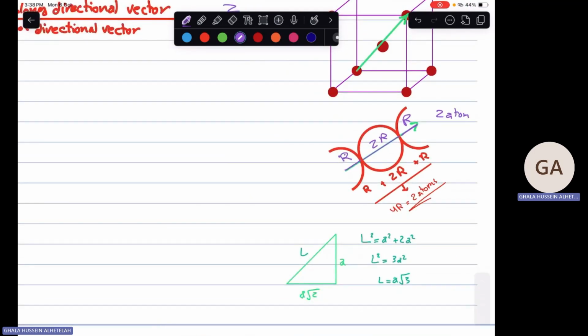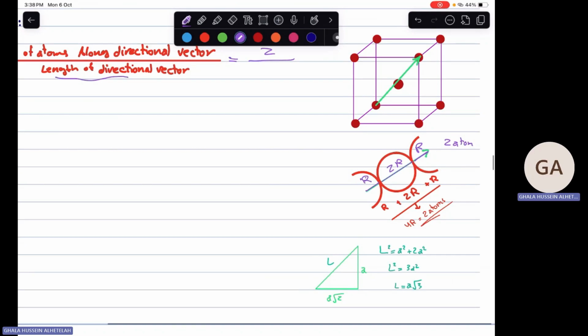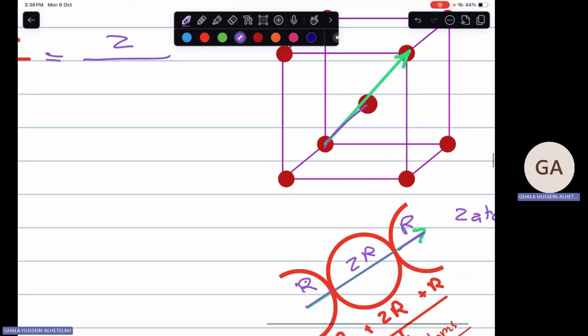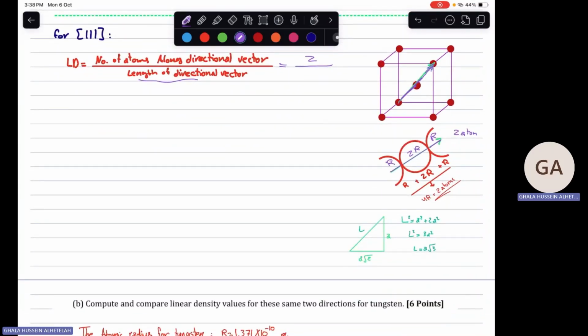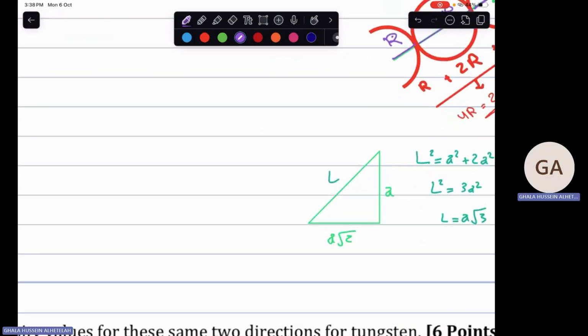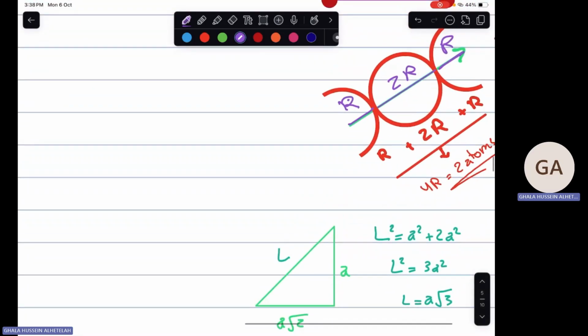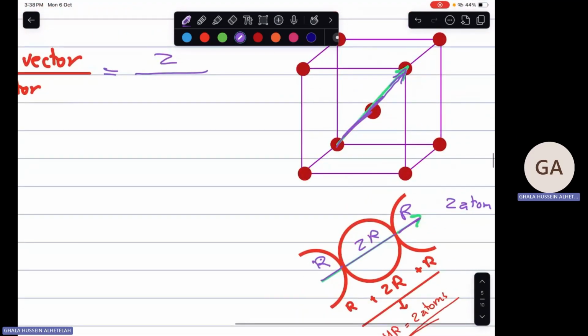Now what we need to find is the length of the directional vector, which is this one. How can we find this length? Basically by the Pythagoras theorem, since this is a triangle. Just let me show it on our plane. This is our vector.